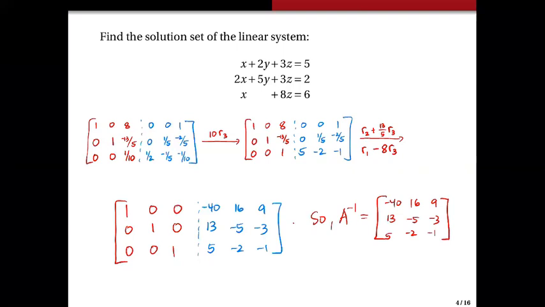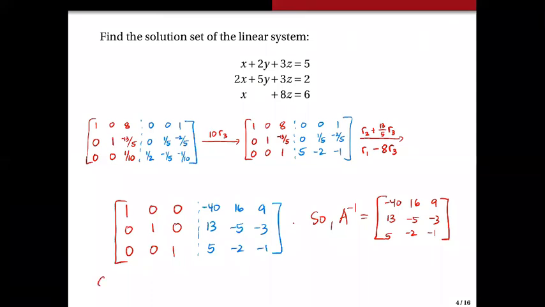So what about this? Our goal is to find the solution of this linear system. And according to a previous theorem that we proved, actually we proved it offline, not recorded, it means that all we need to do is to multiply this matrix A inverse to this vector 5, 2, 6. Okay?